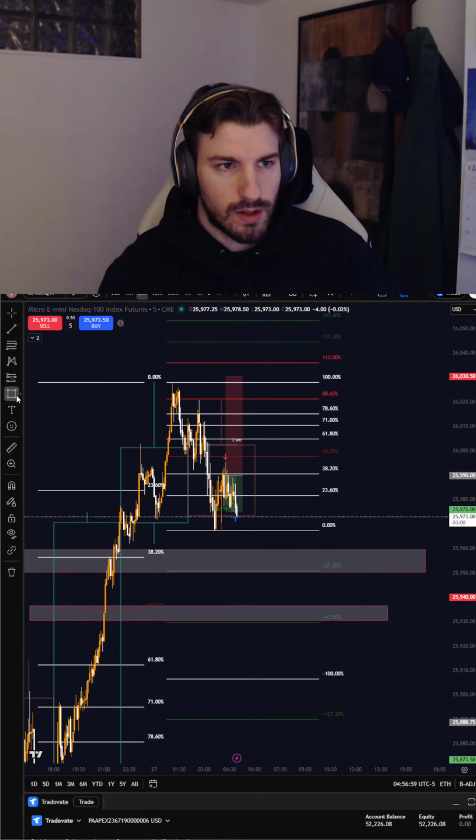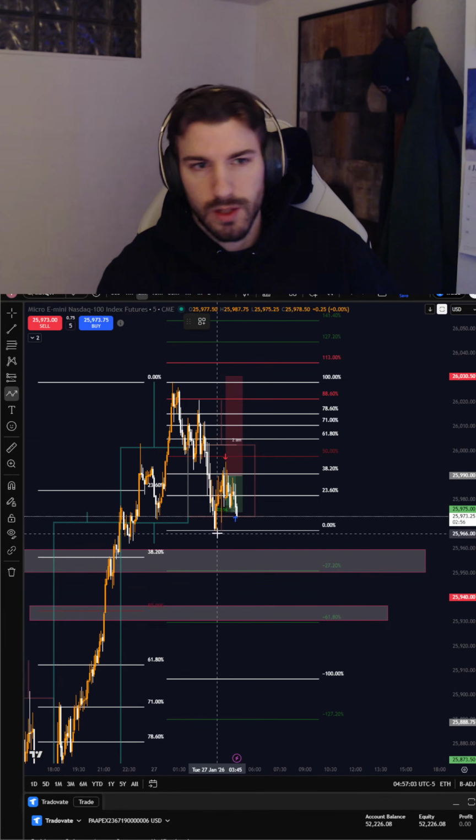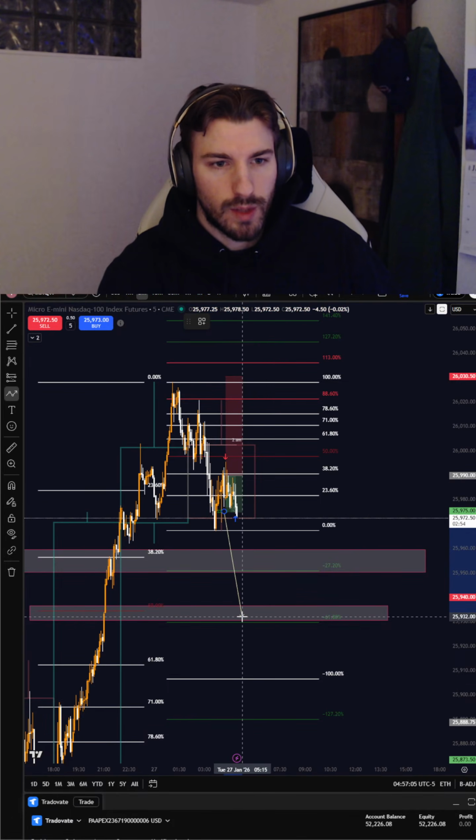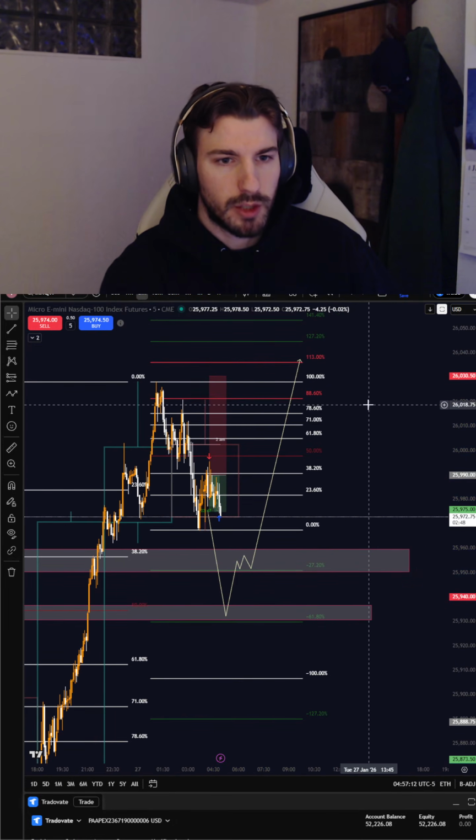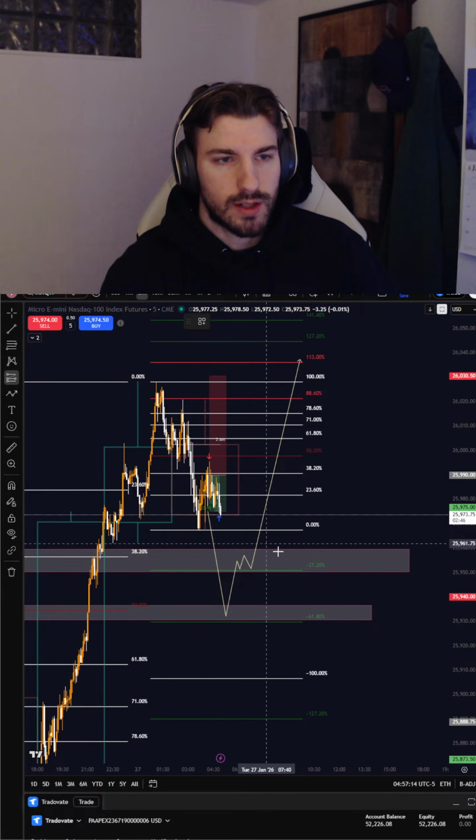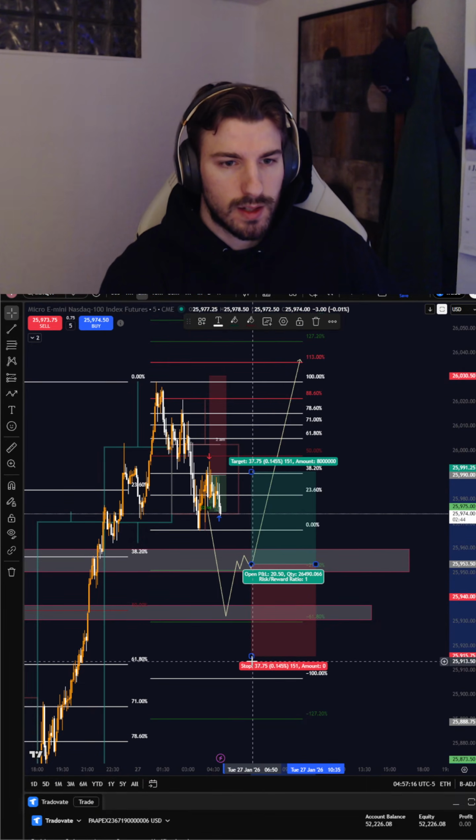I think personally, if I did trade swings, which I'm not doing, I'd wait for a level here, wait to reintegrate this zone, and then target a rebreak of the highs. So if you're trading New York session and you want to go for swings, this would be a likely scenario for me.